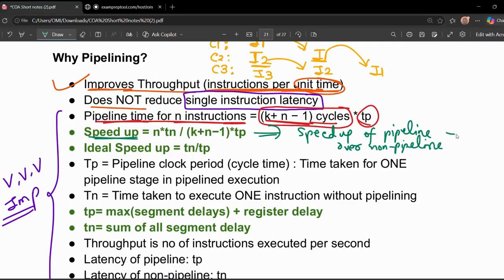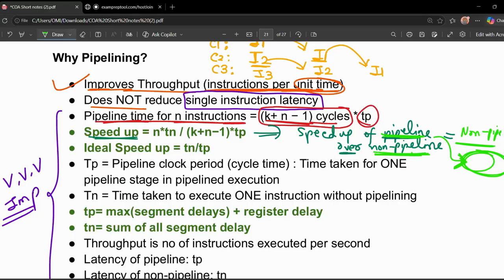Whichever term you have to find, that you write in the numerator, and the other term in the denominator. So here, speed up of pipeline over non-pipeline: you write pipeline in the numerator and non-pipeline in the denominator.